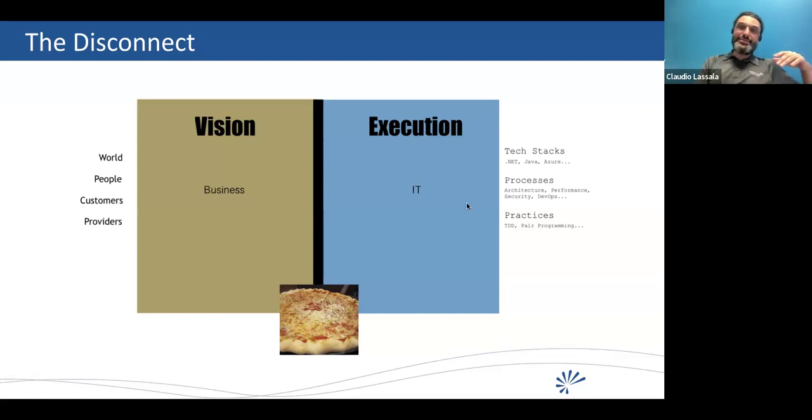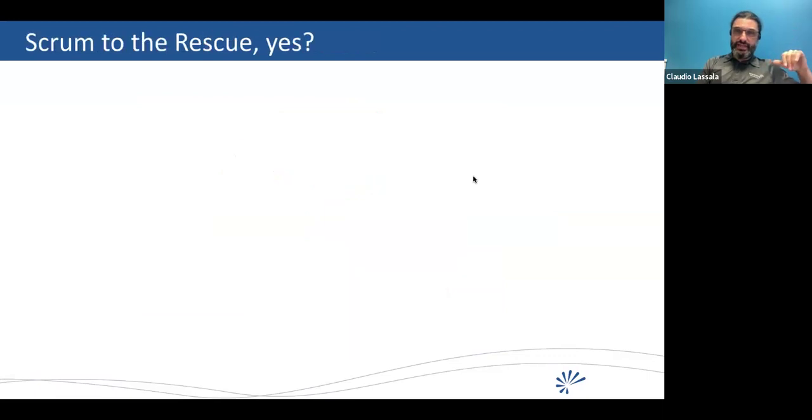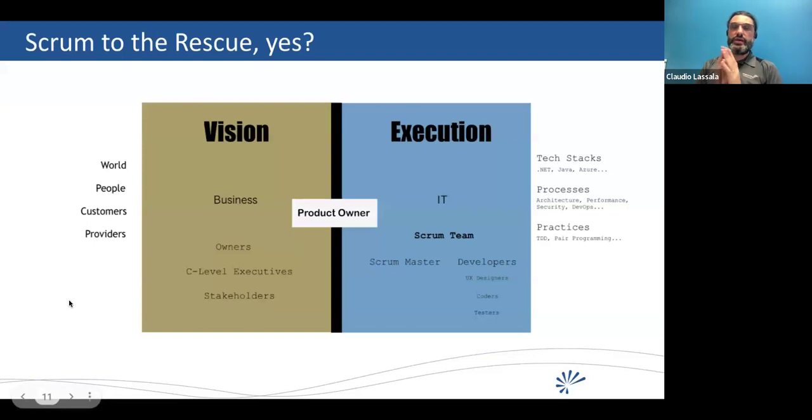It sucks. I don't like it. I don't miss it. At some point we switched that around, and I'll skip through this slide because it will come back. Like Scrum to the rescue, right? So we've learned with Scrum, and I've seen people teach it or talk about it like this: now we have the product owner who sits between the two blocks and works as a bridge.